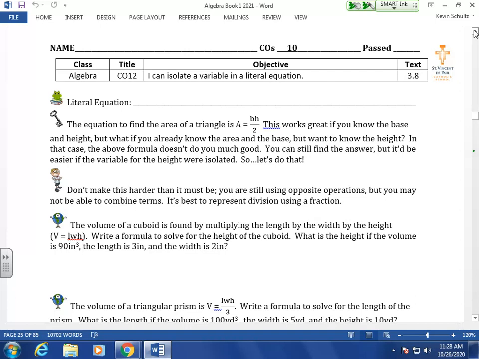So we're still sticking in the equation realm, but we are going from given formulas to isolating a variable in that formula. So when we say isolate a variable in a literal equation, a literal equation is really just a formula. Shortest definition you'll ever have. A literal equation is a formula.